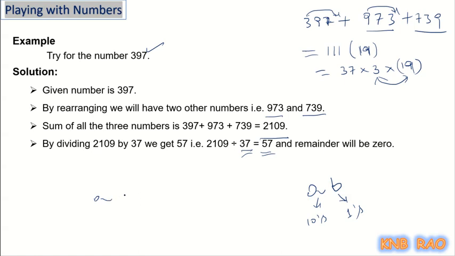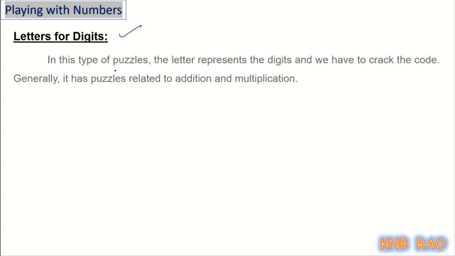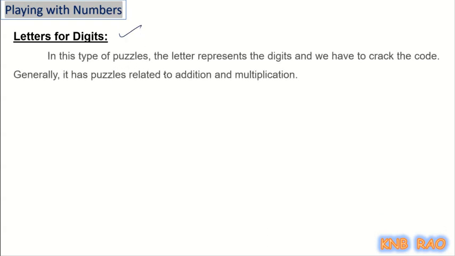These A and B are digits. Numerals are any one out of 0 to 9. I am going to discuss the same thing. Letters for digits means that in this type of puzzle, the letters represent the digits and we have to crack the code.